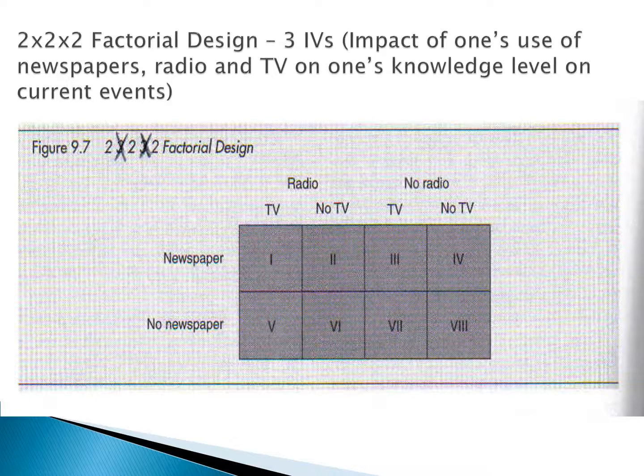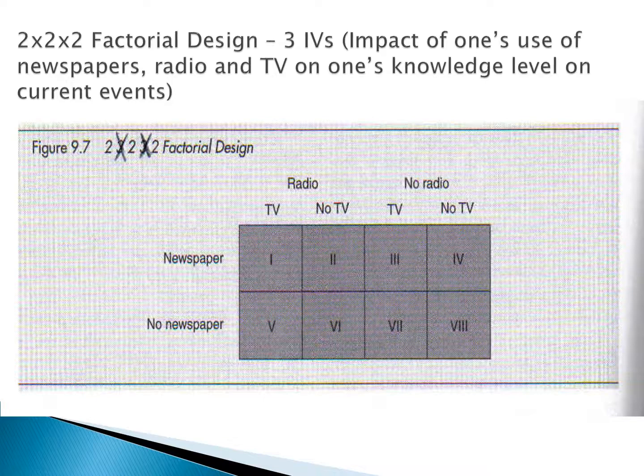Now, this one I got out of a textbook and it looked a little funky, but I wanted to show you a 2 by 2 by 2 table for a factorial design. And here they're looking at what media is used, and they're measuring within the boxes or cells the knowledge level on current events.